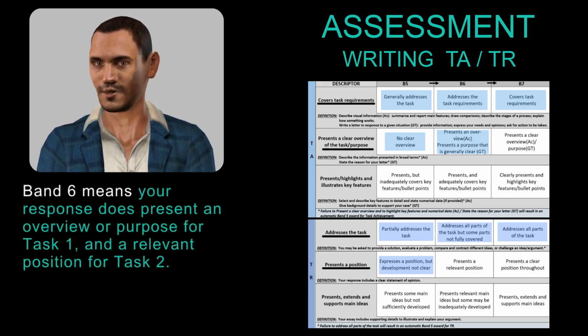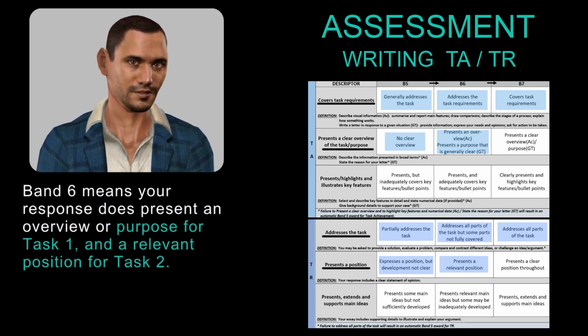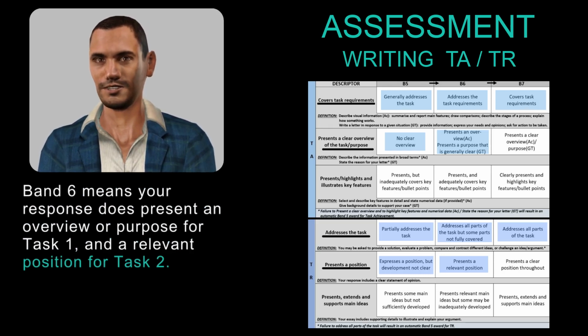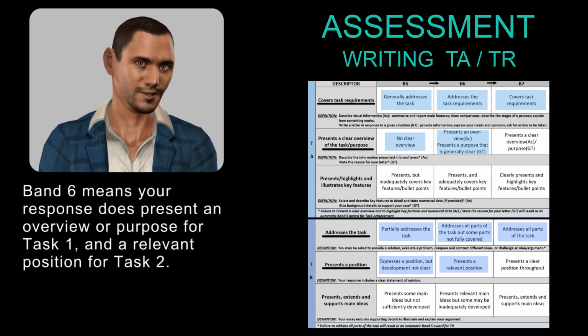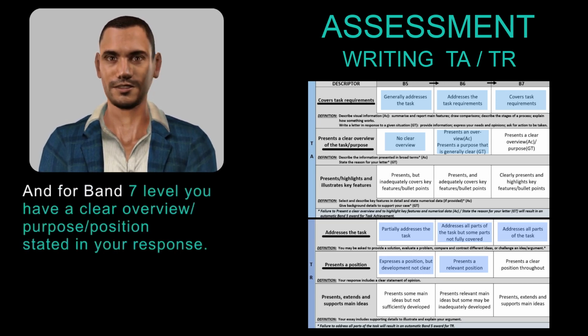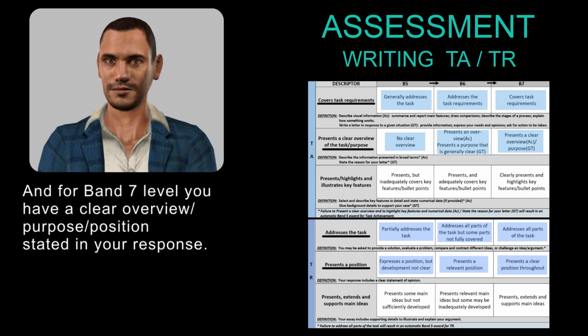Band 6 means your response does present an overview or purpose for task 1 and a relevant position for task 2. And, for Band 7 level, you have a clear overview, purpose, position, stated in your response.